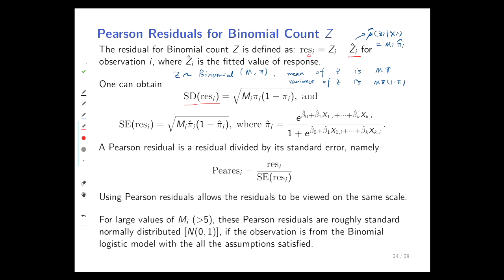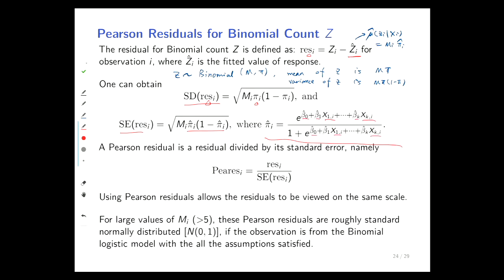So you can obtain the standard deviation of the residual, which also equals the square root of m_i times pi_i times 1 minus pi_i. Because pi_i, the probability of success, is unknown in this case, in order to obtain the standard error we need to plug in the fitted value of pi, which is pi_i hat. This is the fitted value, obtained by plugging in the value of x and the estimation.